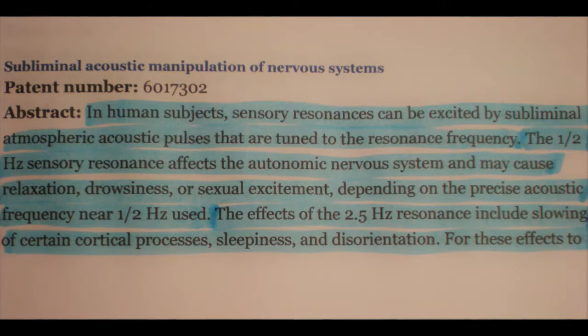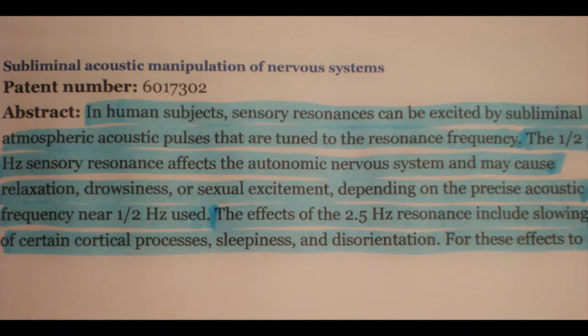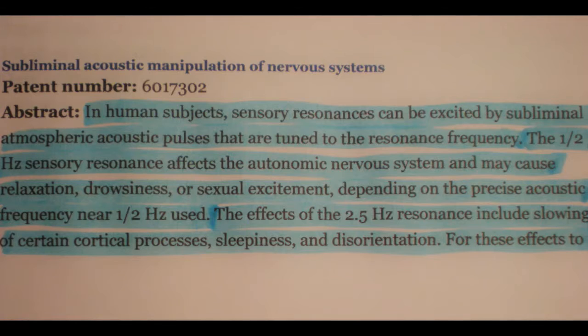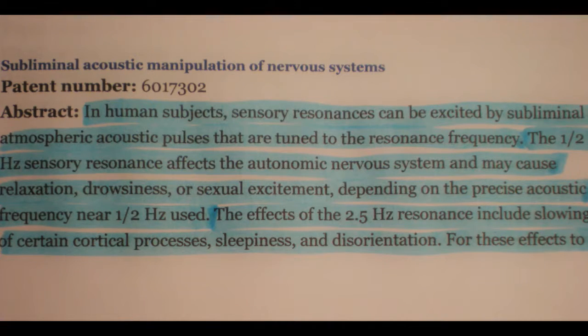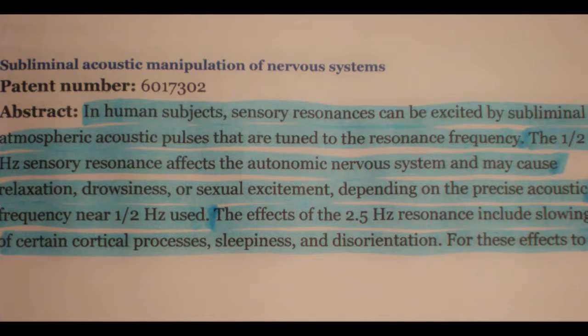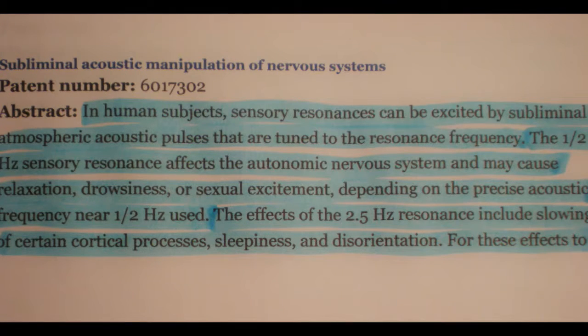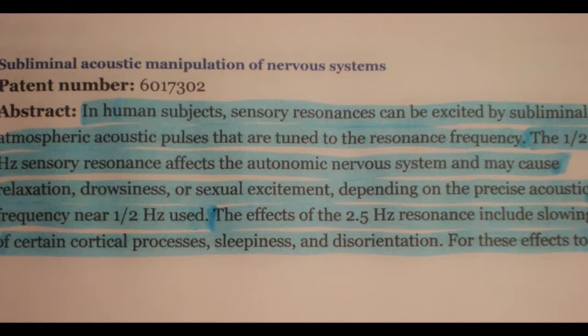Subliminal acoustic manipulation of nervous systems. In human subjects, sensory resonances can be excited by subliminal atmospheric acoustic pulses that are tuned to the resonance frequency. The half-hertz sensory resonance affects the autonomic nervous system and may cause relaxation, drowsiness, or sexual excitement, depending on the precise acoustic frequency.